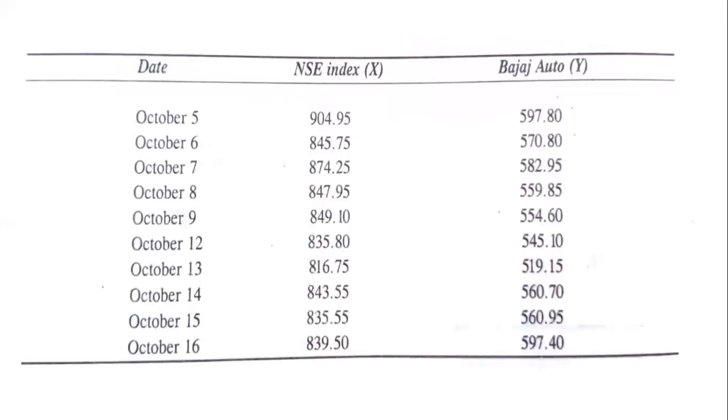Now if you look at the problem, 904 is the yesterday's price, and 845.75 will become today's price. For these two dates, October 5 will be the beginning, and October 6 will become today's price.